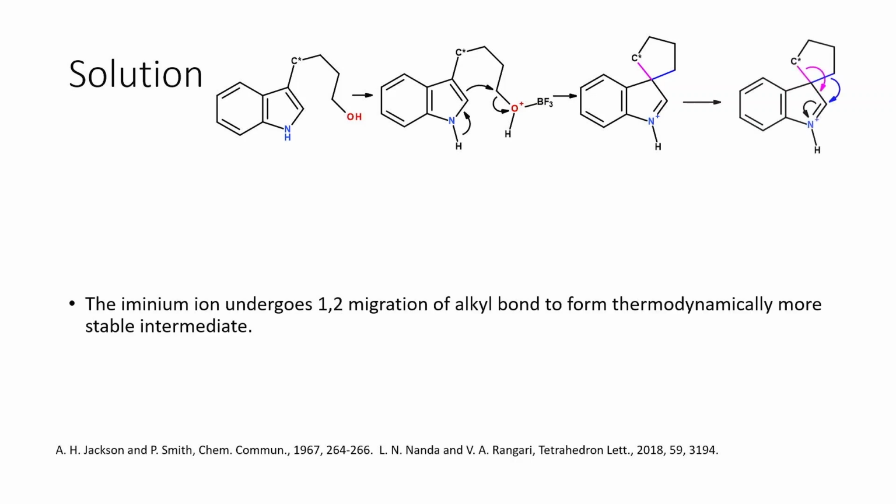So once this symmetrical iminium ion is opened up, this can undergo a 1,2 alkyl migration. We have 2 bonds: either the bond from this carbon to the labeled carbon can be broken, or the unlabeled carbon bond can be broken. In other words, the 1,2 alkyl shift takes place and either of the carbons can shift.